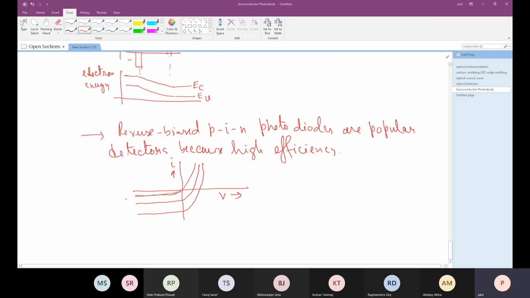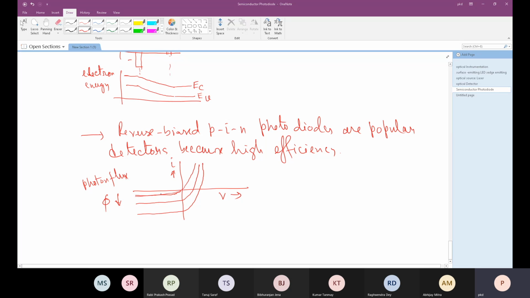So if the photon flux increases, the dark current level will increase, and that gives rise to the reverse current.